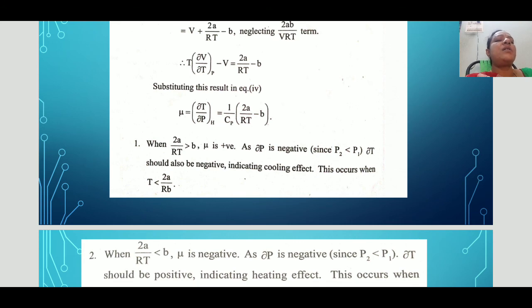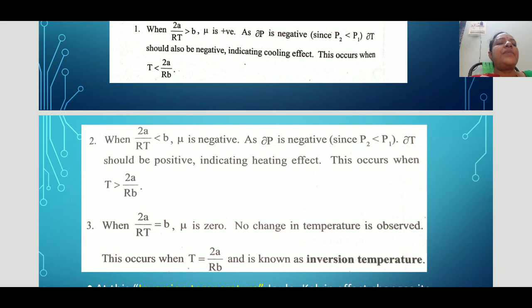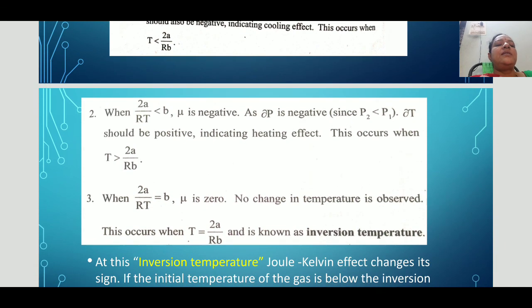If 2a by RT is greater than b, then the gas shows a cooling effect. If 2a by RT is less than b, it shows a heating effect. If 2a by RT is equal to b, then mu is equal to 0. By this, we can define the inversion temperature. The inversion temperature is T is equal to 2a by bR.